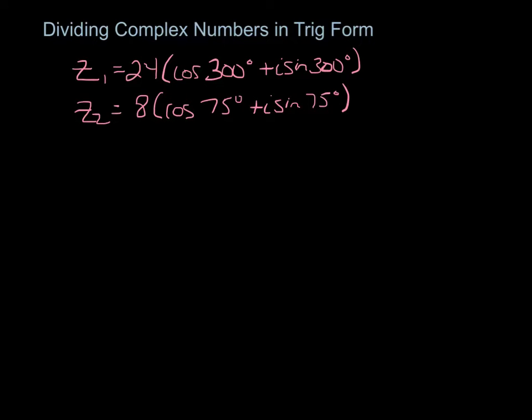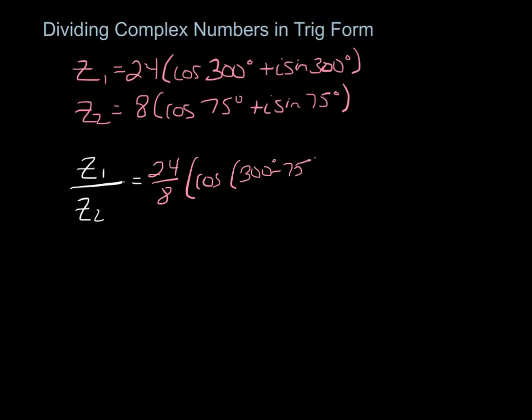But if we divide z1 by z2, we do the opposite of what we do with multiplication. We're going to divide 24 divided by 8, and then we subtract the angles, 300 minus 75. So 24 divided by 8, cosine, plus i sine of 300 minus 75.